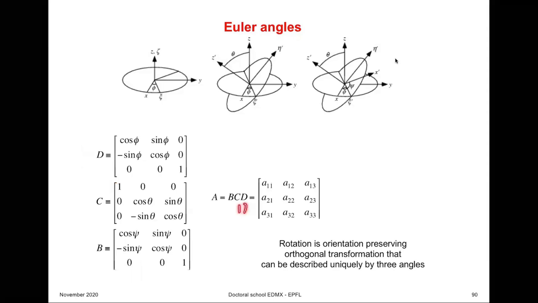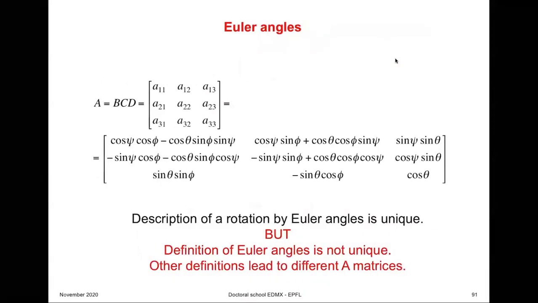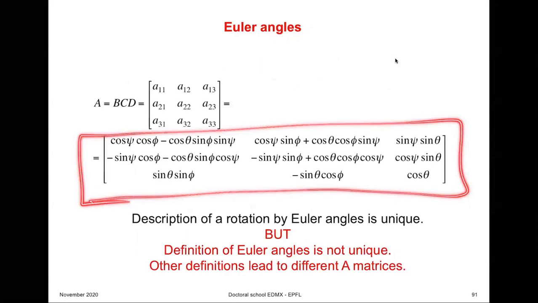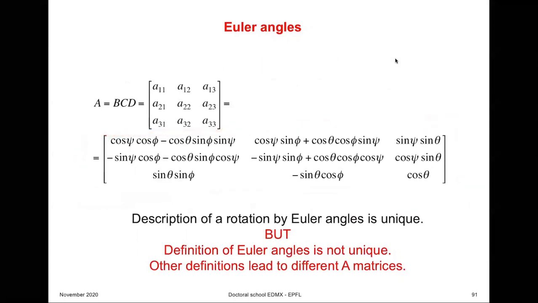The rotations have to be performed in a certain order: first D, then C, then B. The multiplication of matrices is not commutative, as you know, so that makes sense. And when we multiply all this in the X convention, this is the matrix of Euler rotation in terms of Euler angles in the X convention.